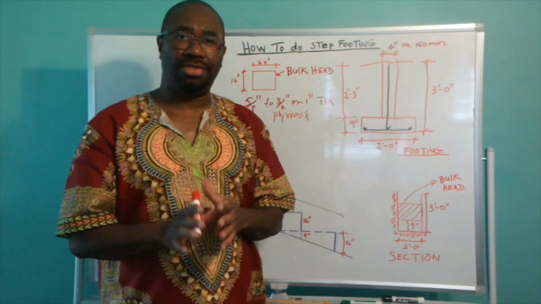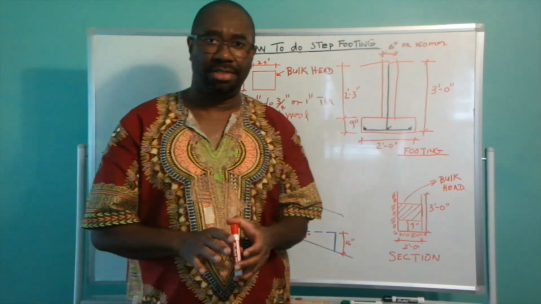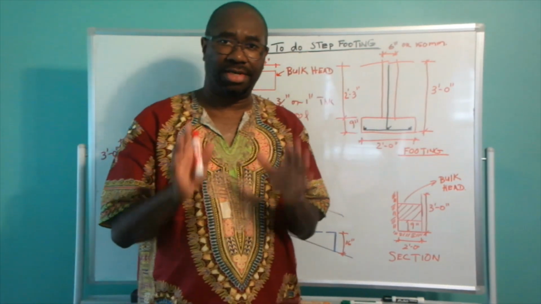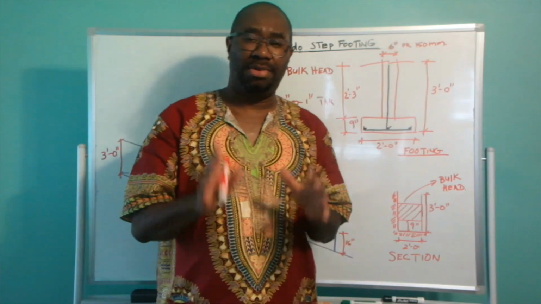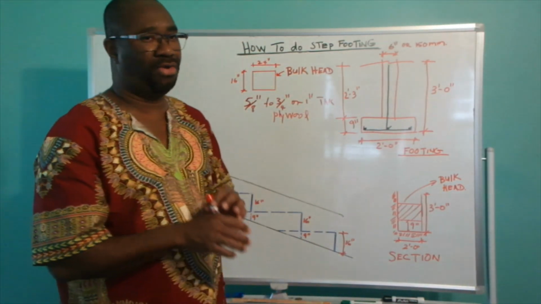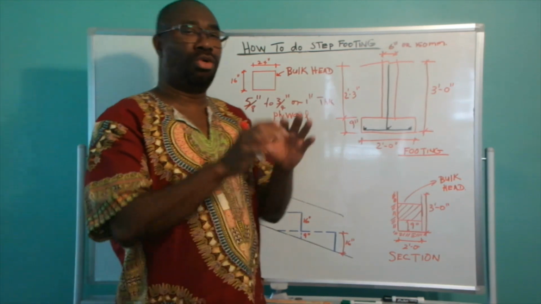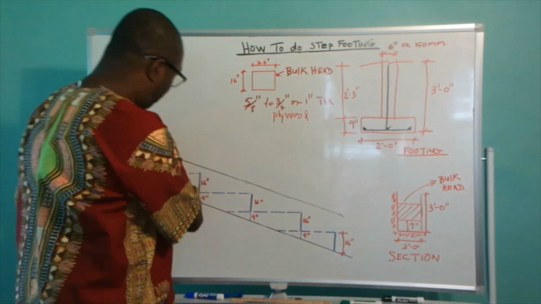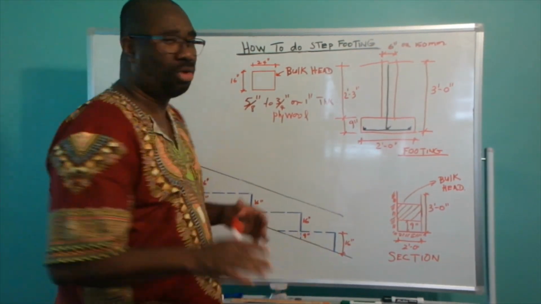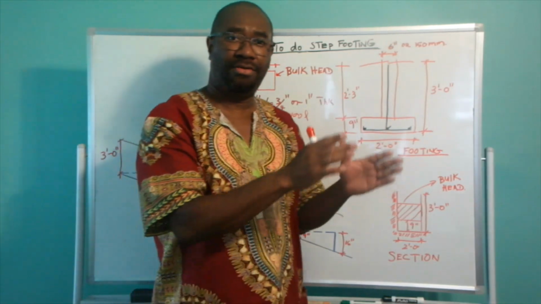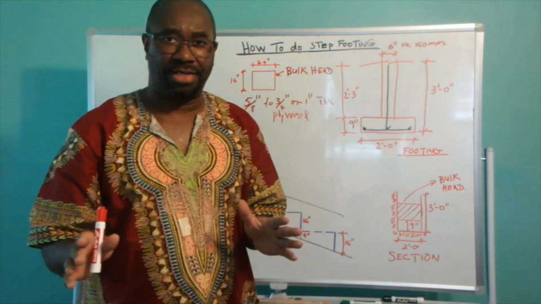Now, when it comes to step foundation, the thickness of your footing is very critical. And let me explain what I'm talking about. To pour your footing on a step on a sloped land is going to take more concrete than if you're pouring your footing on a flat surface.